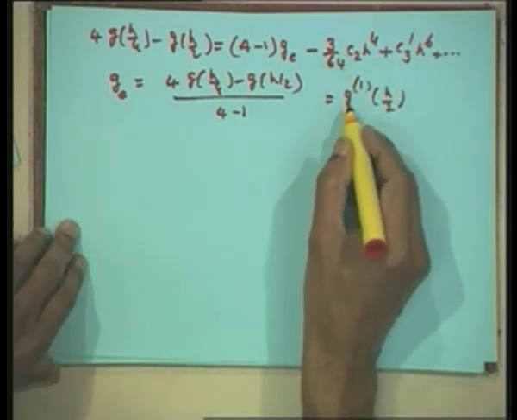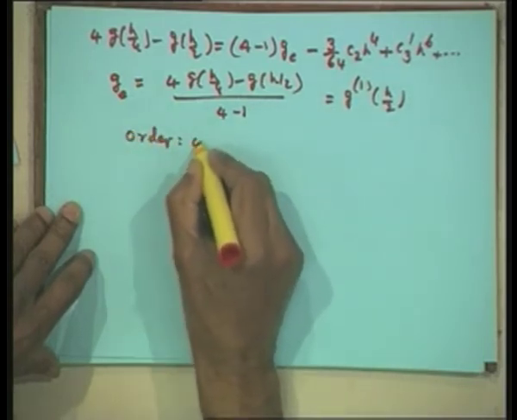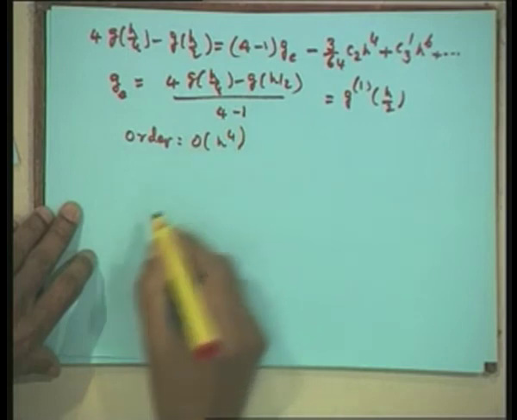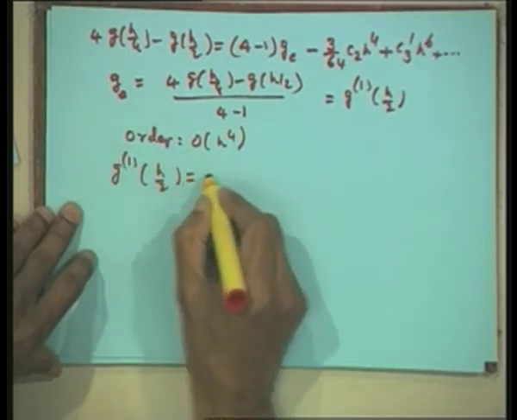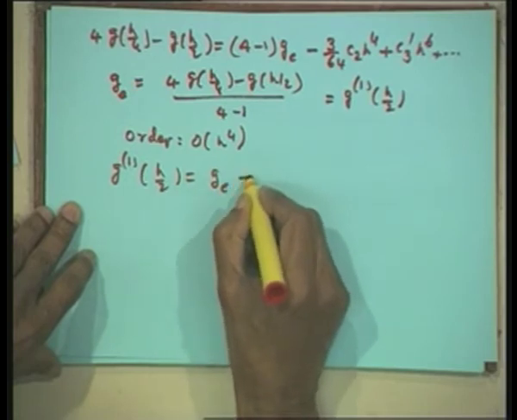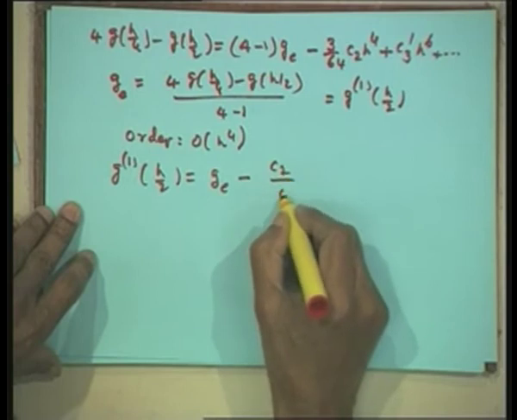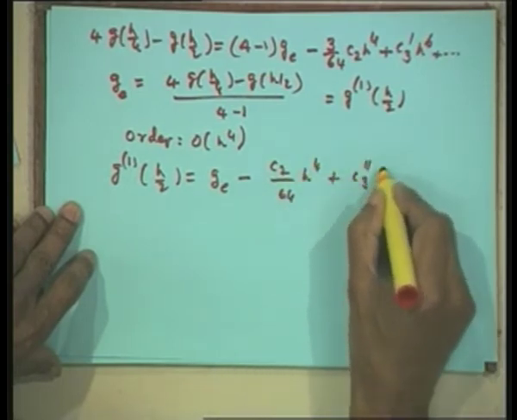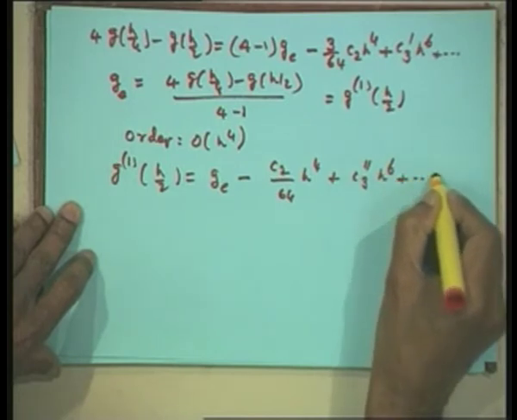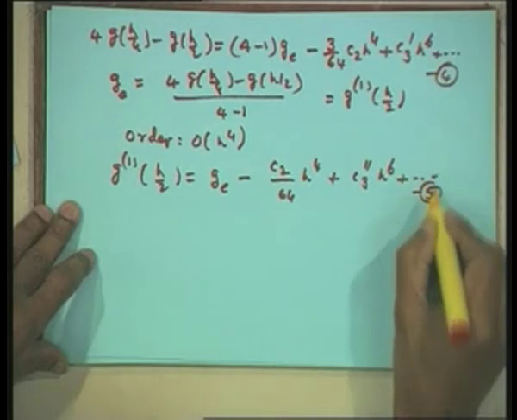Therefore, this result again behaves like a 4th order result. Therefore, this is also of order h to the power of 4, and G1(h/2) is G(E) minus, I have divided by 3. Therefore, I will have C2 by 64 h to the power of 4 plus some C3 double prime h to the power of 6 and so on. Let us number this 4, number this as 5.